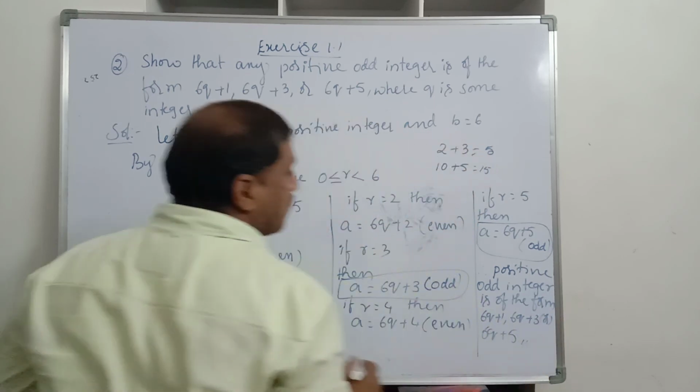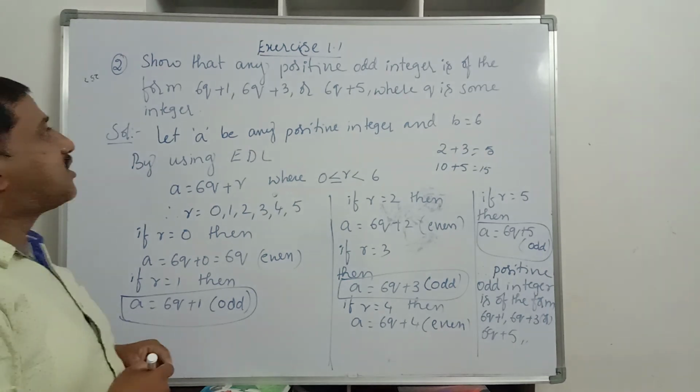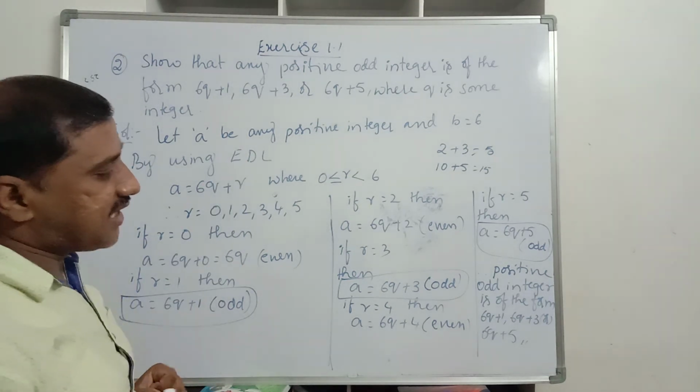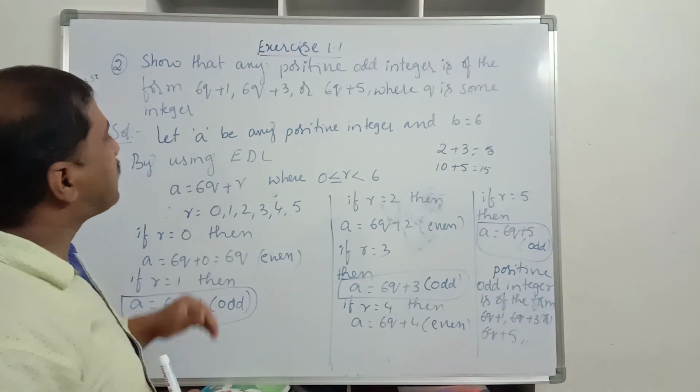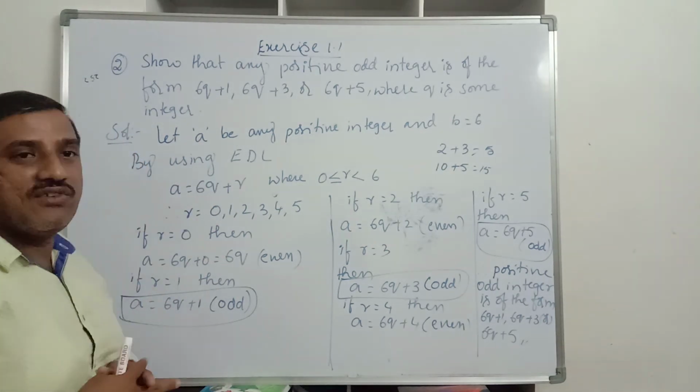Like this we can show that every positive odd integer is of the form 6q plus 1, 6q plus 3, 6q plus 5 by using the concept of Euclid's division lemma.